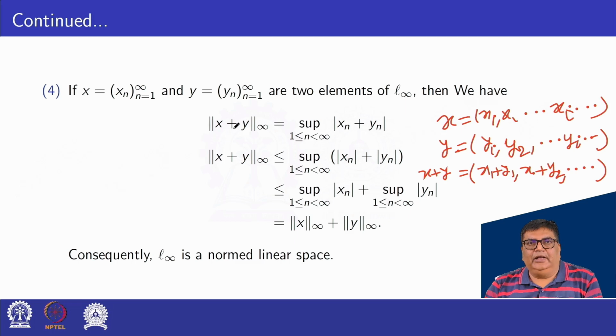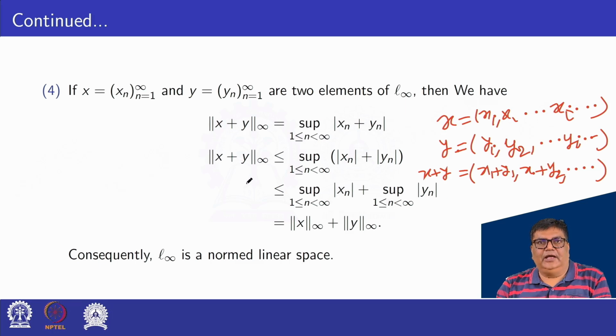Then norm x plus y is the supremum of the nth term of x plus y. So this can be written as mod xn plus yn. So norm x plus y is less or equal to the supremum of mod xn plus mod yn. This is also less or equal to the supremum of mod xn plus the supremum of mod yn.